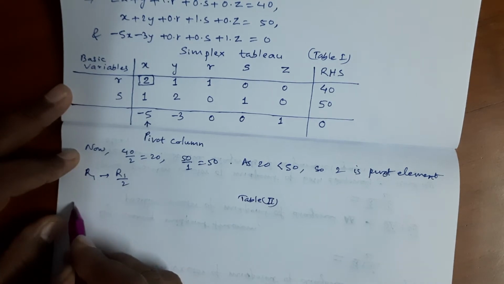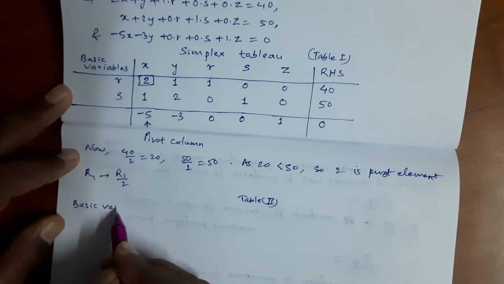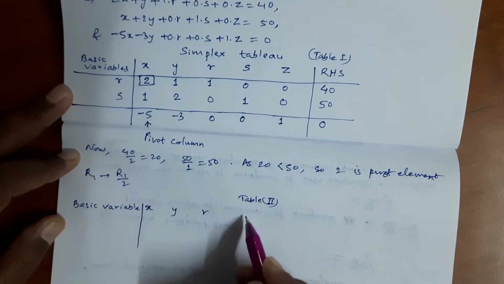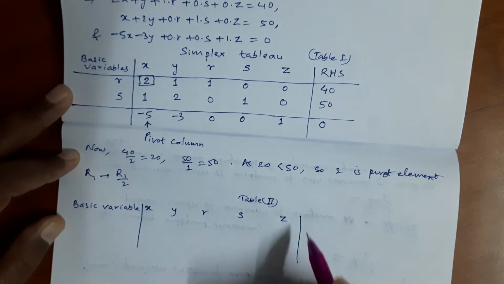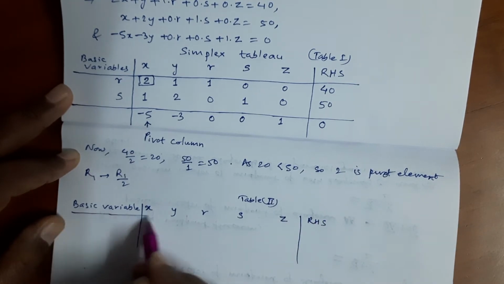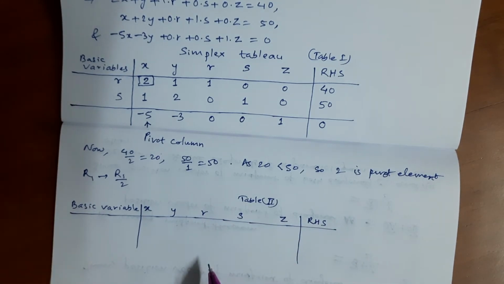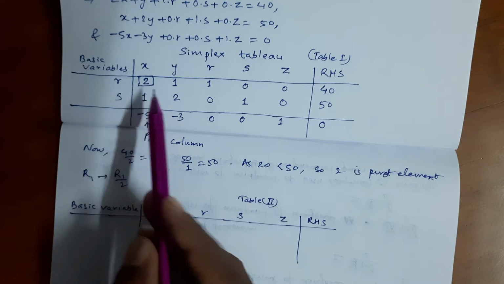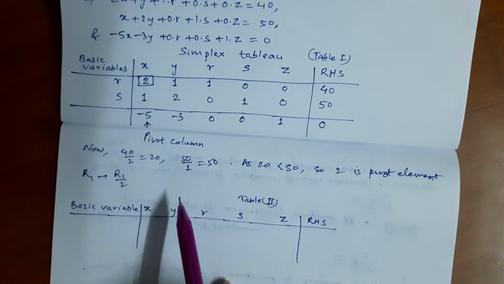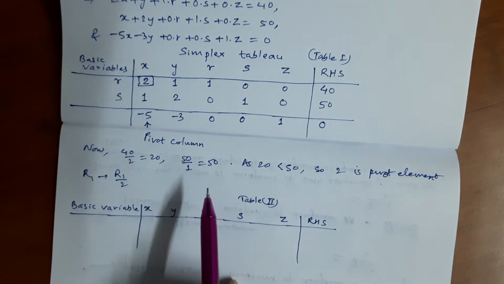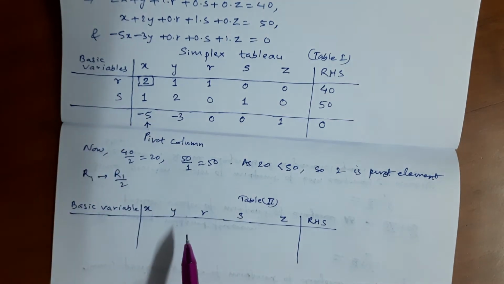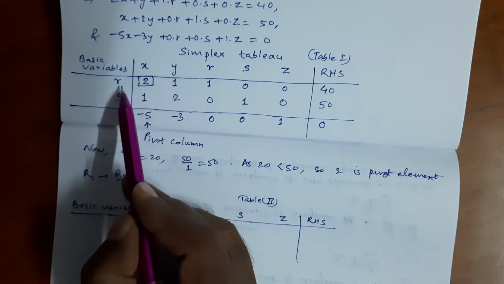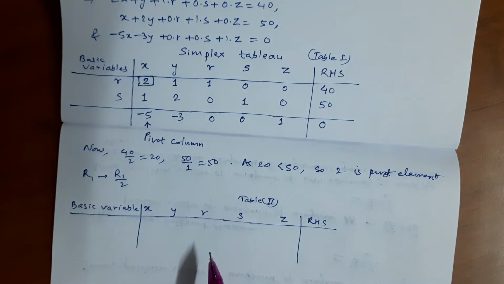We again write here basic variable x, y, r, s, z, RHS, and as this 2 is the pivot element, then in this pivot column, this x is the entering variable and this r is the departing variable, because x enters here and when x goes here, r departs, r leaves. Okay, so r is the departing variable.